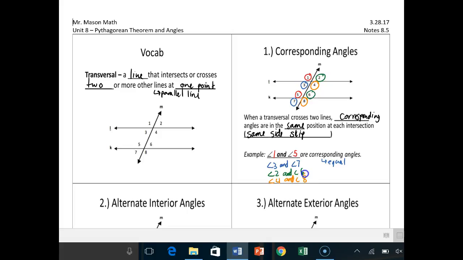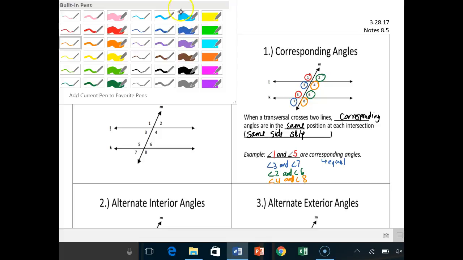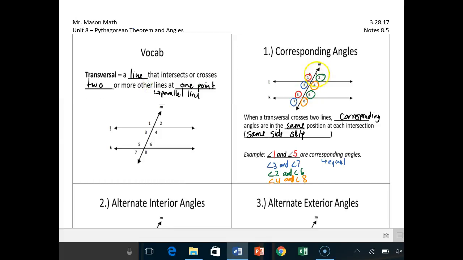I also want you to notice something real quick about these angles and their setup, is that every clump of 4 angles gives you 360 degrees. So 360 degrees here, and then another 360 degrees right down here.